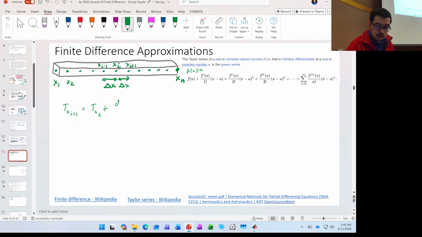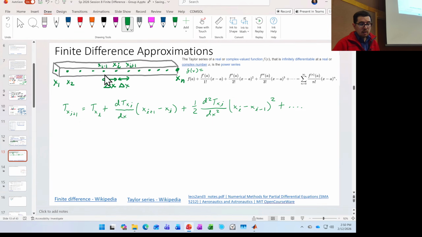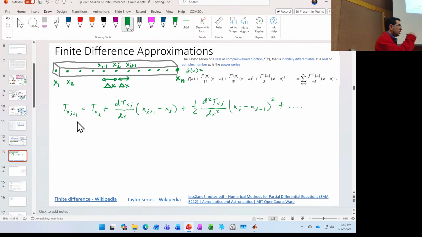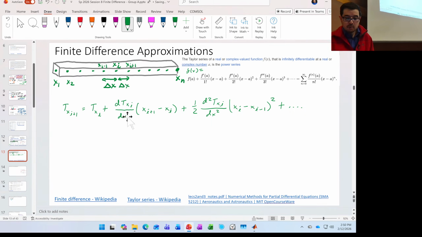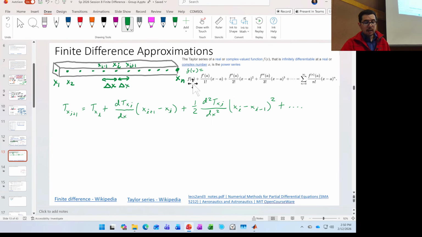So we can say that, using the Taylor series expansion, the value that we're interested in for temperature at a location T of x sub i plus 1 is given by some value at a, where we say it was known.